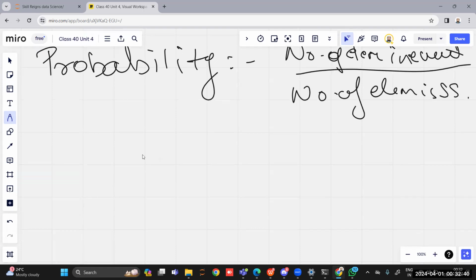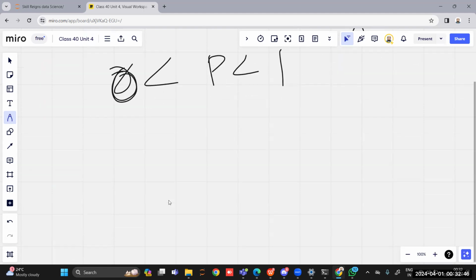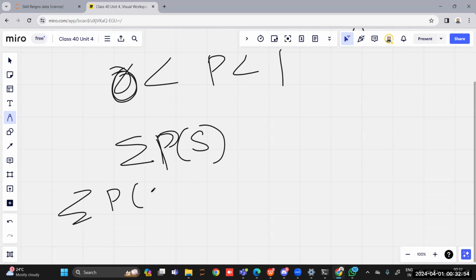The next thing we've seen is that the probability of any event is between 0 to 1, correct? And the summation of all the probabilities of the elements of the sample space, for example E1 plus E2 plus dot dot dot, is 1.